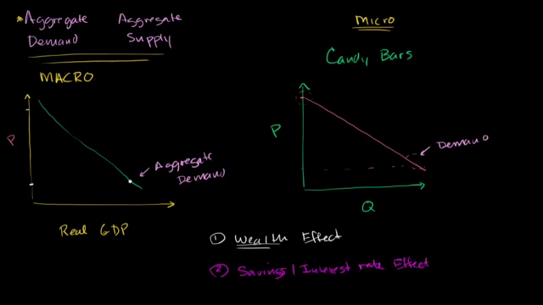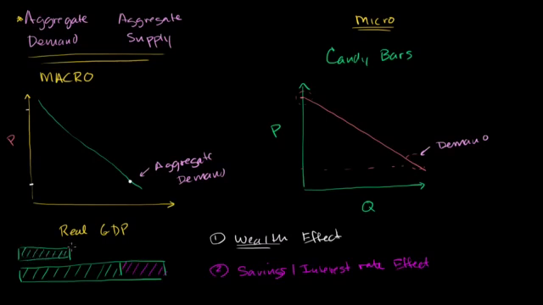Because you can imagine, if before this bar represented the total amount of money someone had in their pockets, and this is how much they needed to spend on goods and services in order to have a nice, happy, productive life, and this is what they were originally going to save, now all of a sudden, if things get a lot cheaper, they don't have to spend this much on goods and services. They could spend less. So now they could spend maybe this amount on goods and services, and they could save much more.